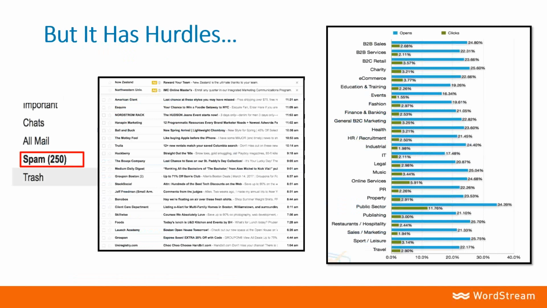These are some pictures from my promotions folder in my personal Gmail account. Just in one morning, there are like 20 promotional emails, 250 already diverted to spam. And on the right here, we just have some open and click-through rates for email marketing in various verticals. As you can see, they're pretty low.